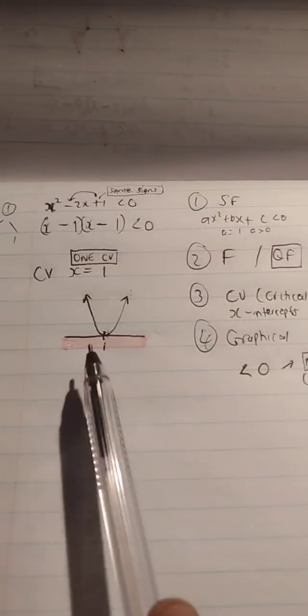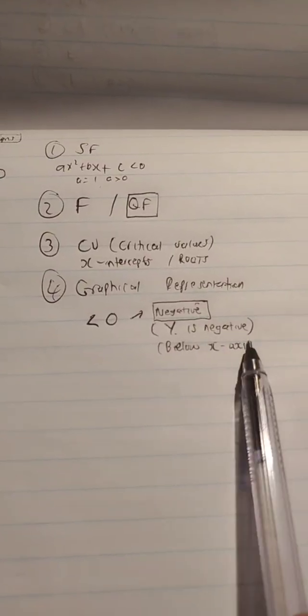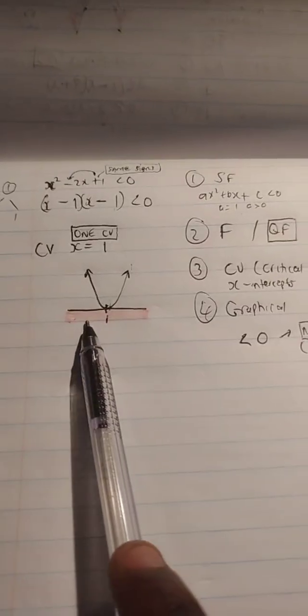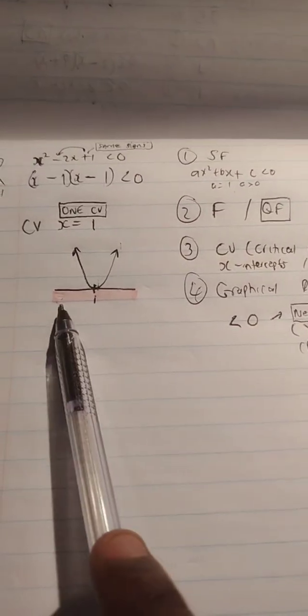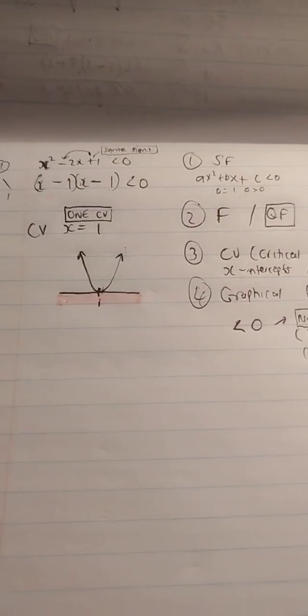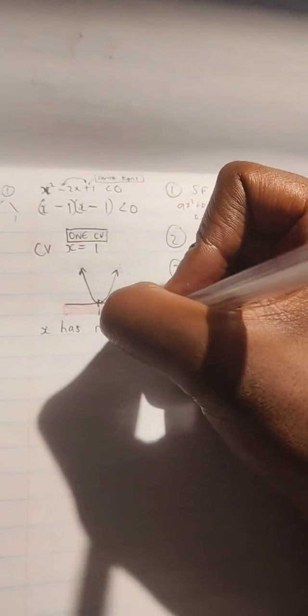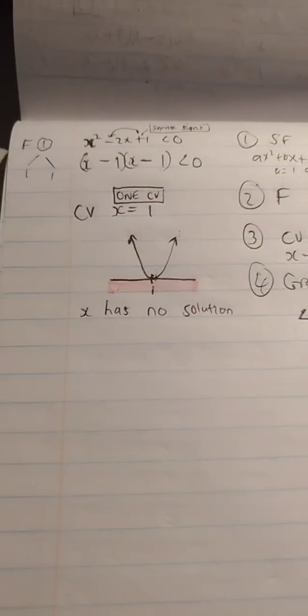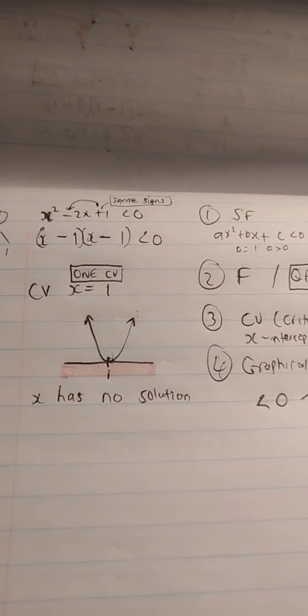Because less than 0 means where y is negative. Where is y negative? Below the x-axis. Is the function visible, or represented anywhere below the x-axis? The answer is no. So that's why we say x has no solution.